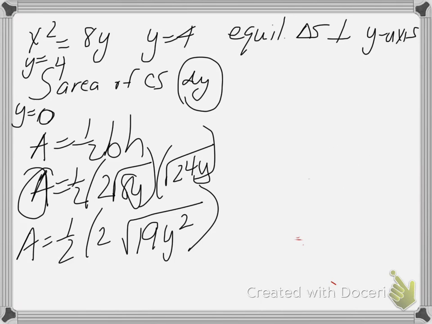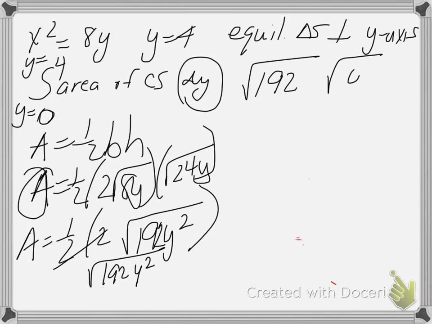Okay? So the 1/2 and the 2 cancel, and I forgot this 2 here. And now I'm just left with radical 192y squared. But I can break that up into radical 192 and radical y squared. And when you square a square root, you just get what's inside. So you get 192, I don't know what kind of radical that is, and y.